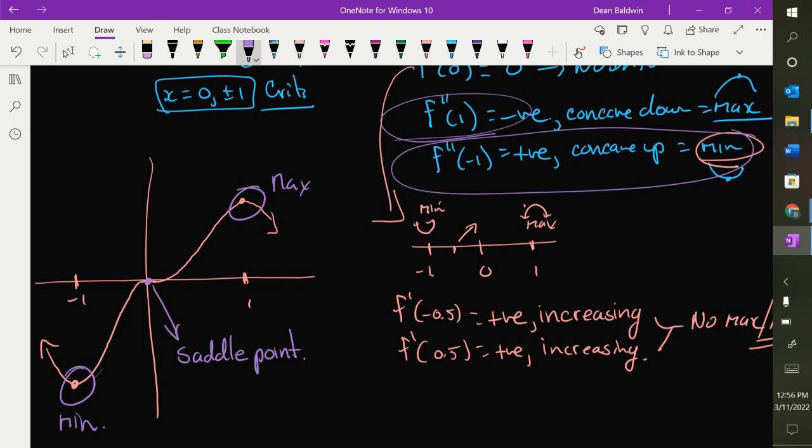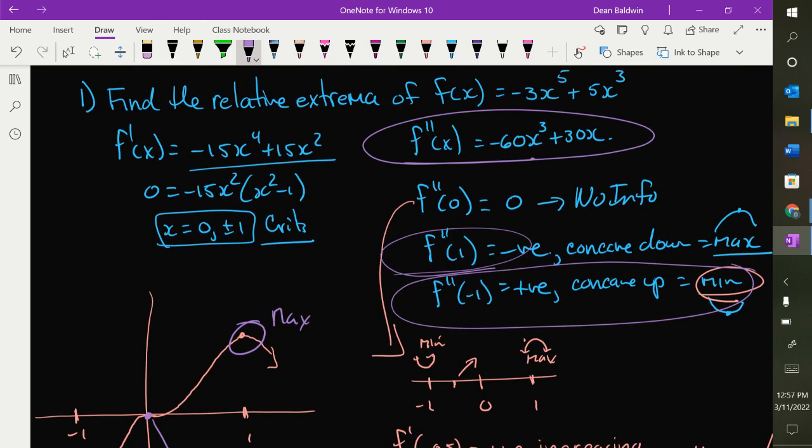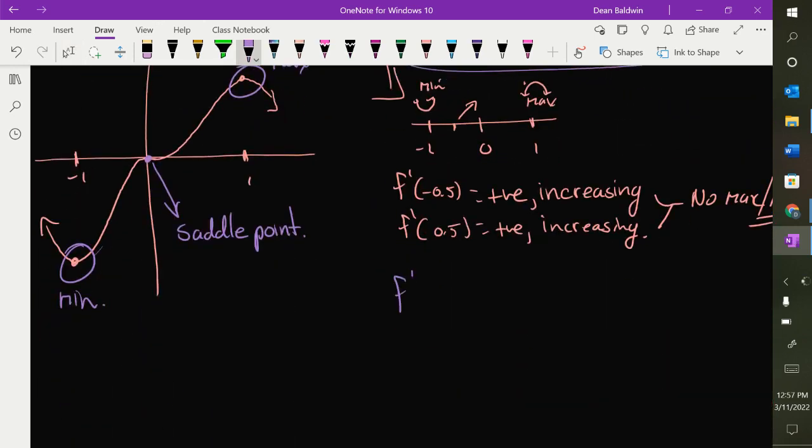It is actually a point of inflection if you did the second derivative. So the second derivative is this, negative 60x cubed plus 30x. And if I set that equal to 0 and took out a 30x, I'd get negative 2x squared plus 1.